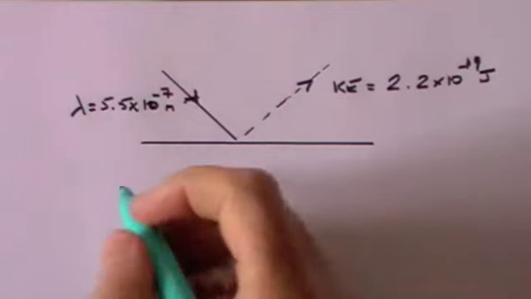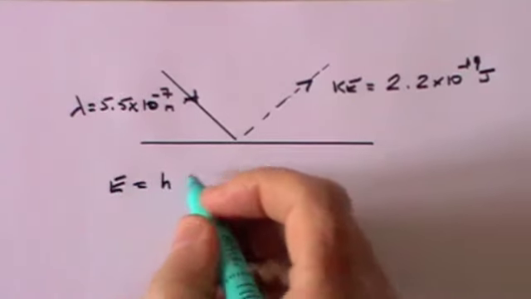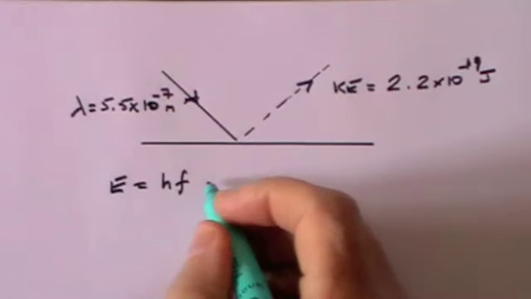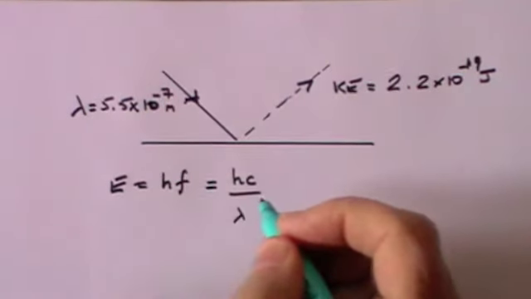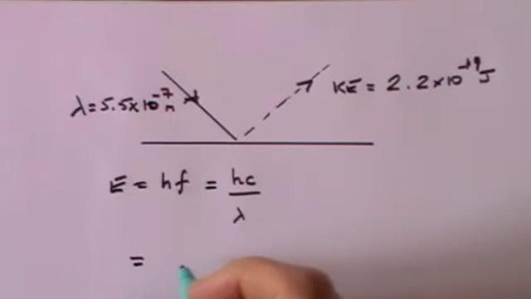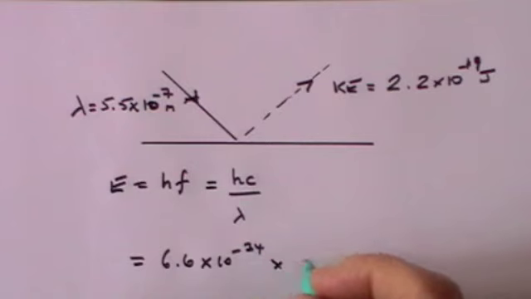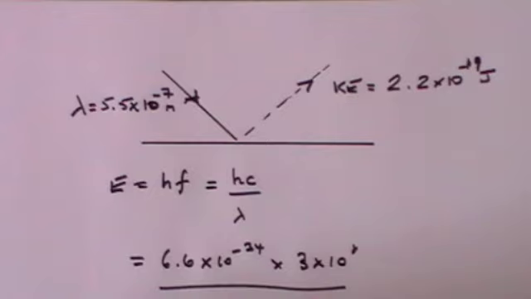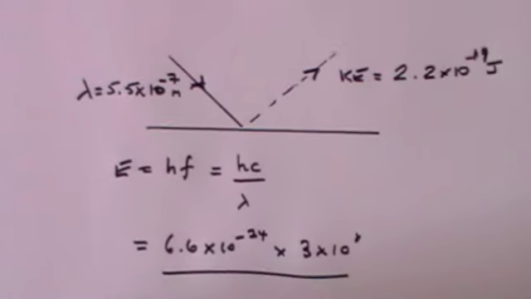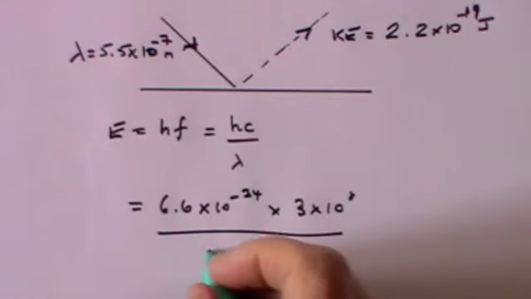Well, first we need to identify the energy of the incident photons, and energy is equal to hf, or h nu, which is equal to hc over lambda, and that's going to be equal to, let's put it down here because it's going to be quite long, Planck's constant, which is 6.6 times 10 to the minus 34, times the speed of light, which is 3 times 10 to the 8th, divided by the wavelength of the incident radiation, which was 5.5 times 10 to the minus 7.